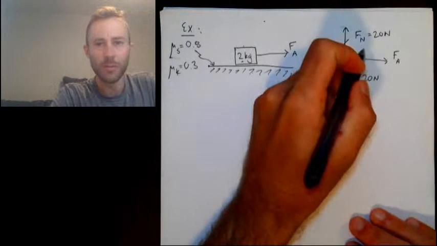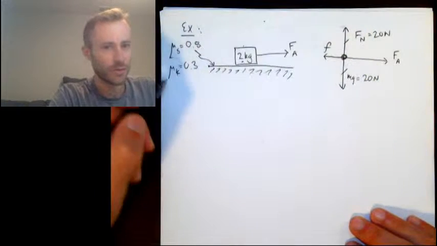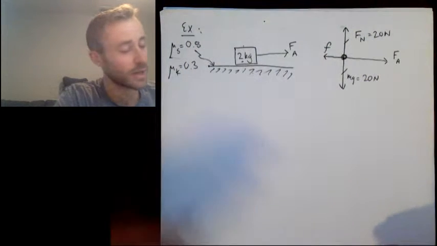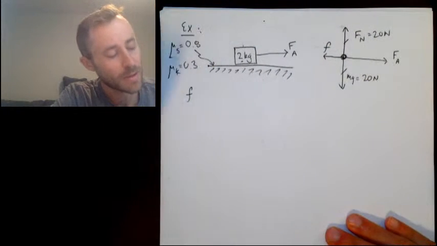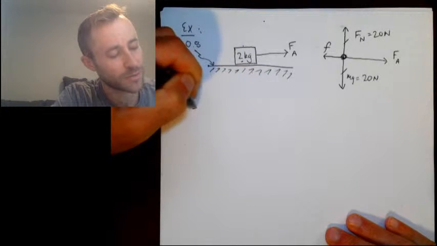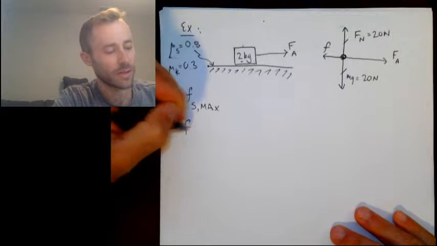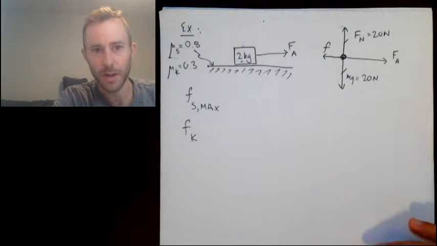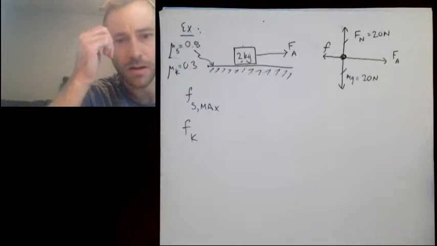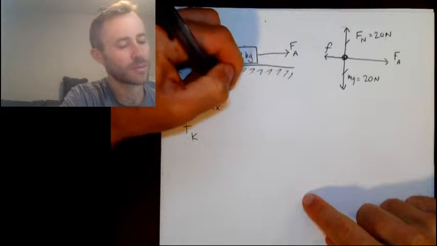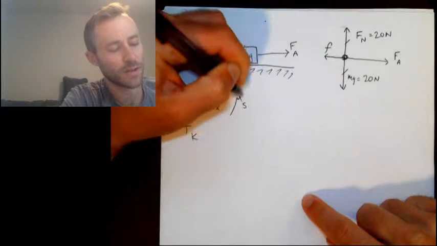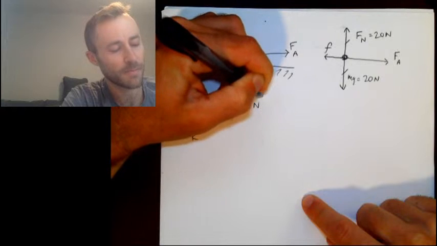So we know the normal force and we know the coefficients of friction. That allows us to calculate the maximum static friction and the kinetic friction. The maximum static friction is mu sub s times normal.